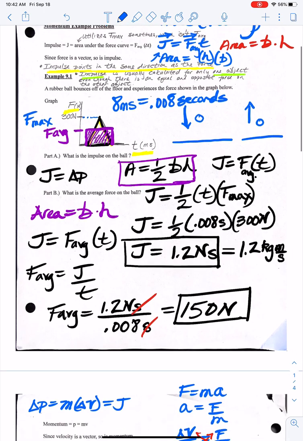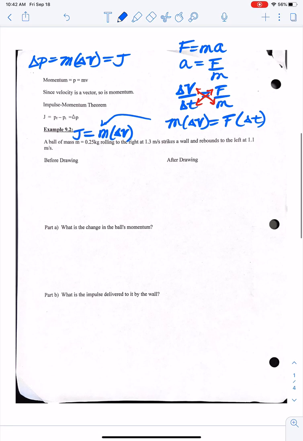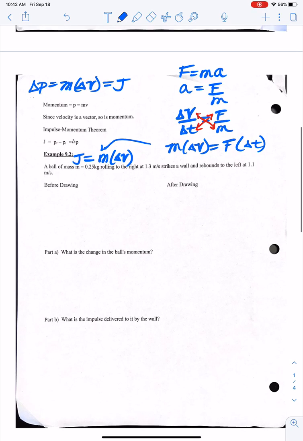Well, we used J equals F times T, but J is impulse, or change in momentum, and that's kind of the idea here. Let's go one more step here, and let me see if I can also make this analogy.